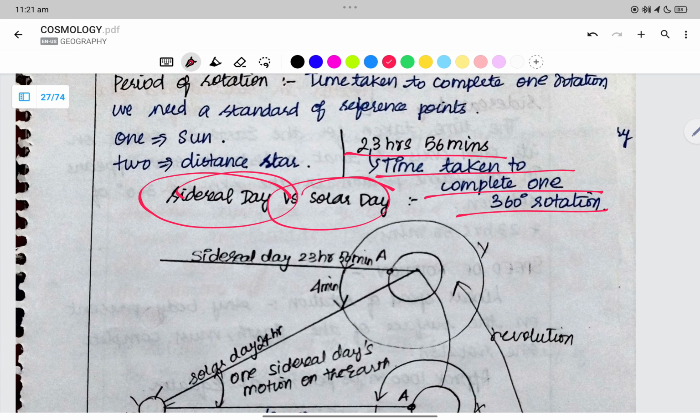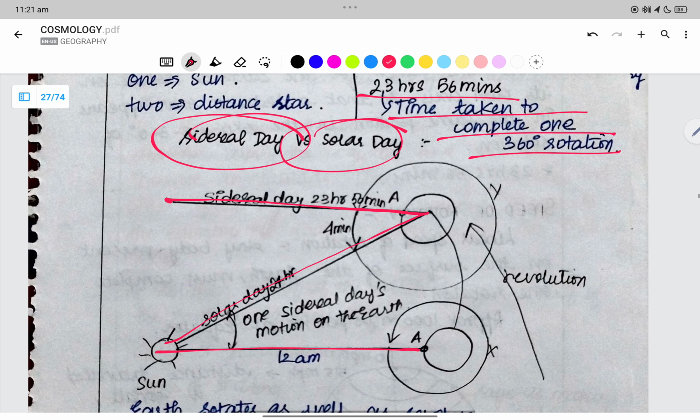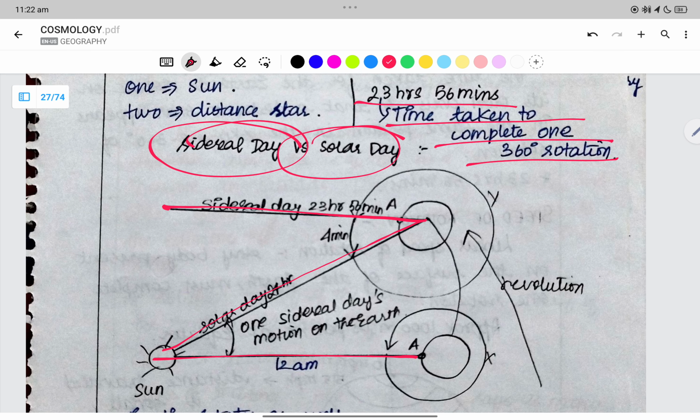Sidereal day versus the solar day. A solar day is 24 hours, whereas the real time it takes for the rotation is 23 hours 56 minutes.